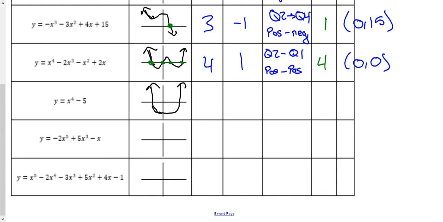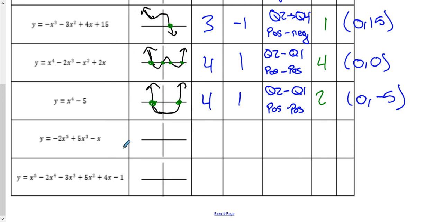So we are degree 4, leading coefficient of 1. We're in quadrant 2, going off to quadrant 1. Still positive to positive in terms of y values. In this case here, we only have our 2 x-intercepts, but that's fine. And we have a y-intercept at 0, comma, -5.